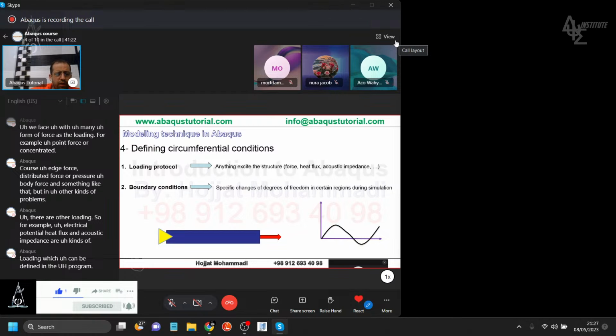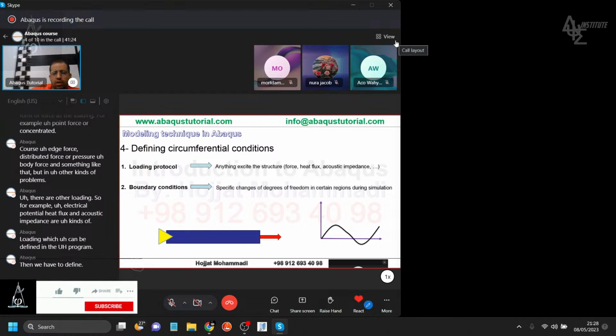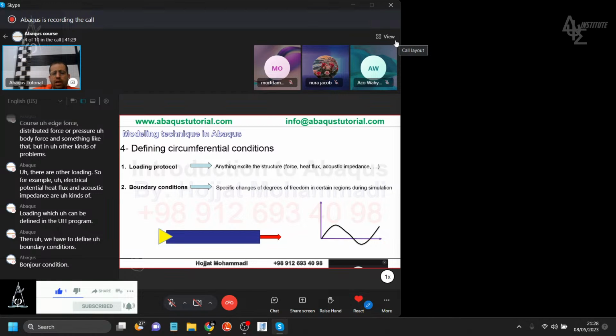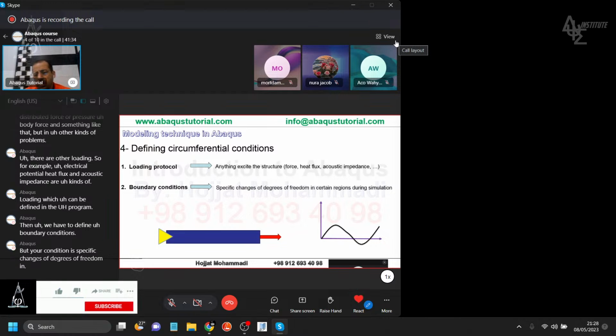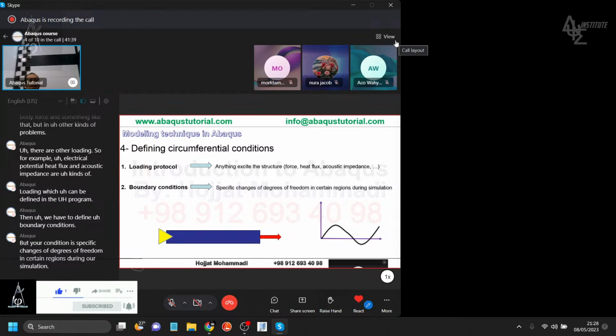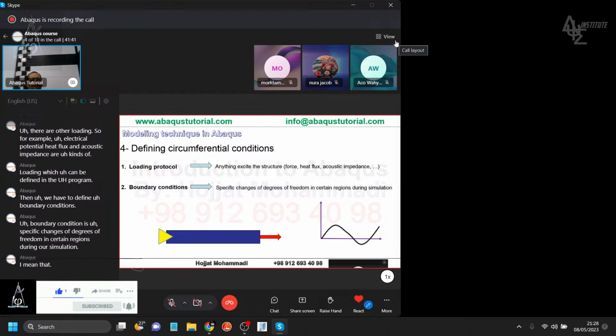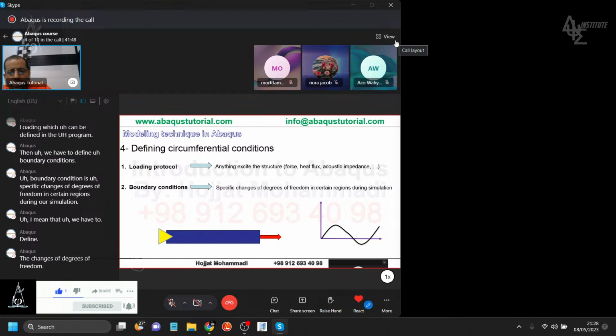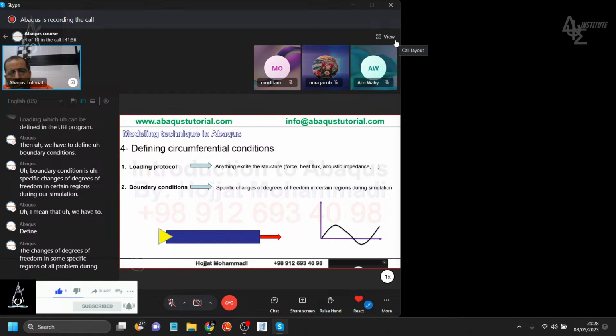Then we have to define boundary conditions. Boundary condition is specific changes of degrees of freedom in certain regions during our simulation. I mean that we have to define the changes of degrees of freedom in some specific regions of our problem during the analysis.